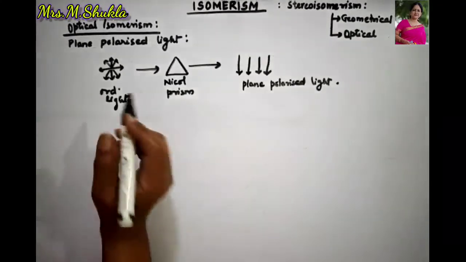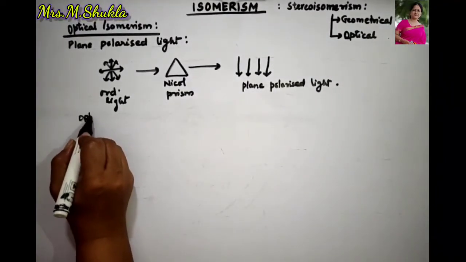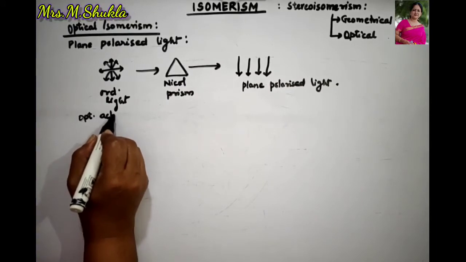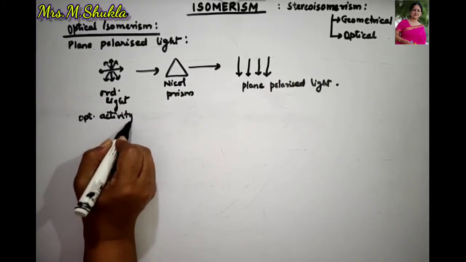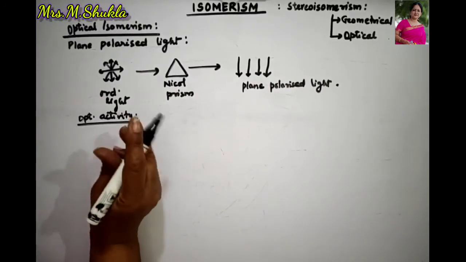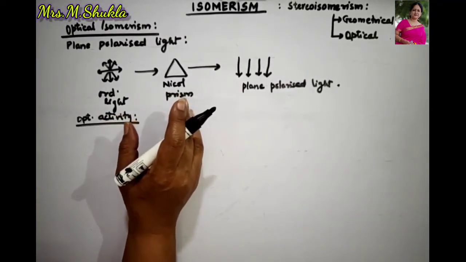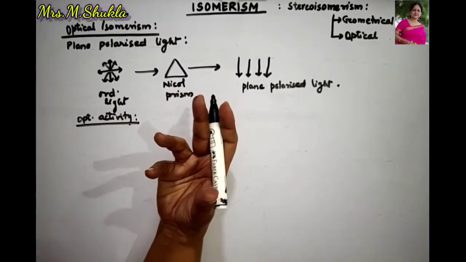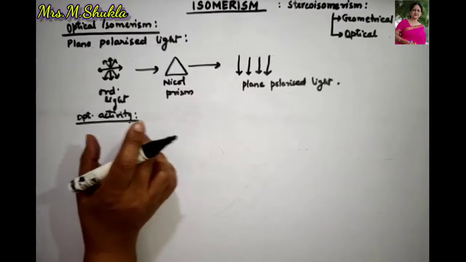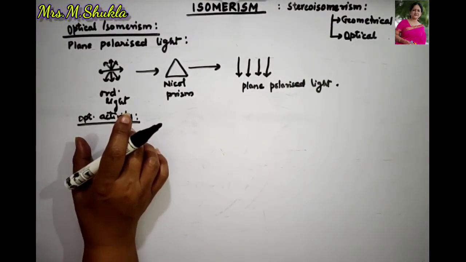Right? Now, what is optical activity? The property of a substance to rotate the plane polarized light through a definite angle is called optical activity.